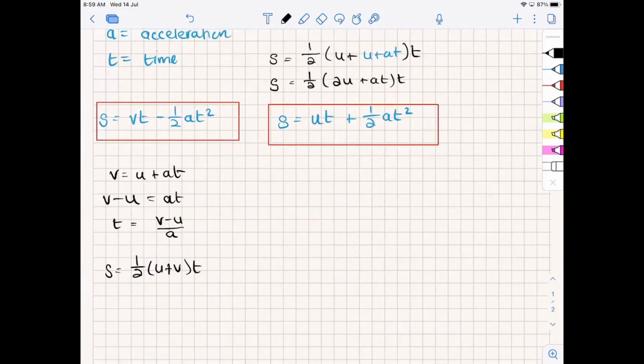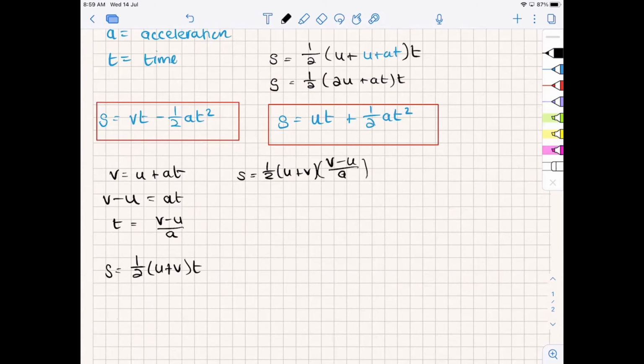So we will get displacement equal to 1/2 (u plus v), and we're going to substitute in v minus u, all over a.